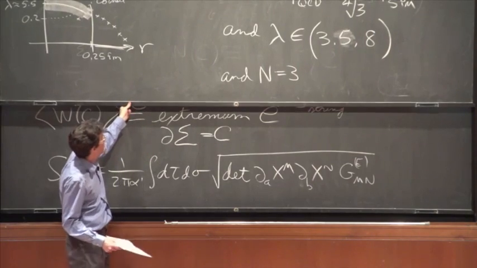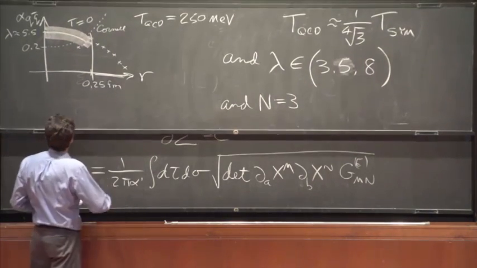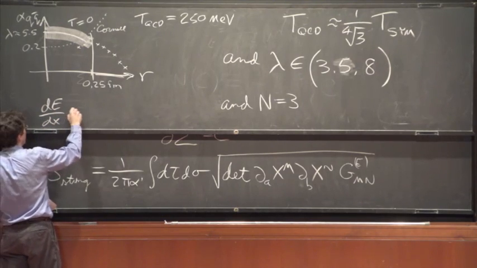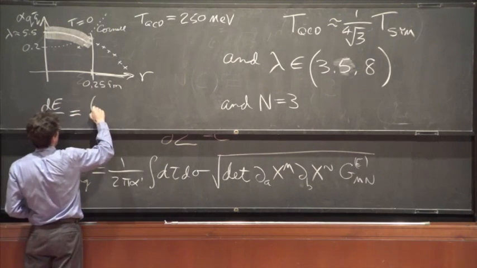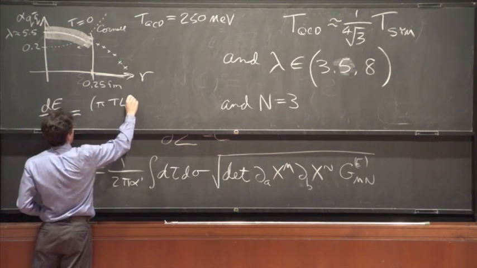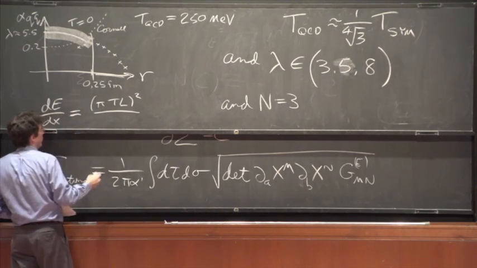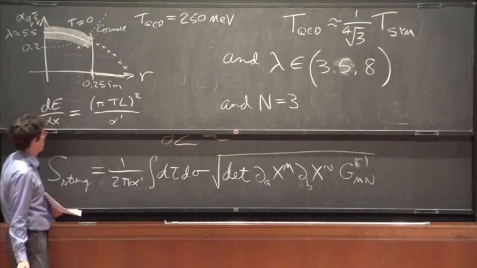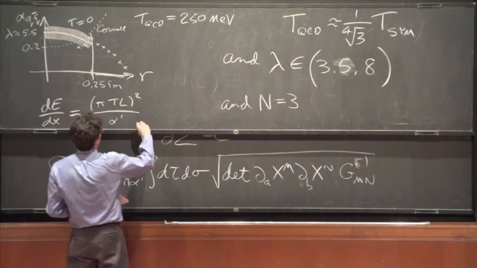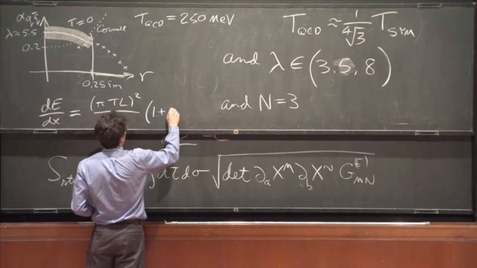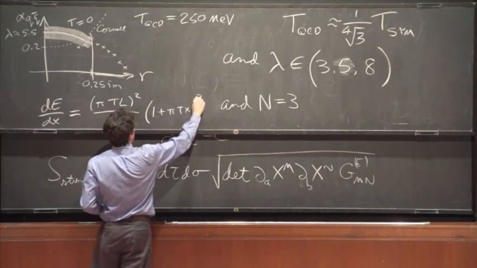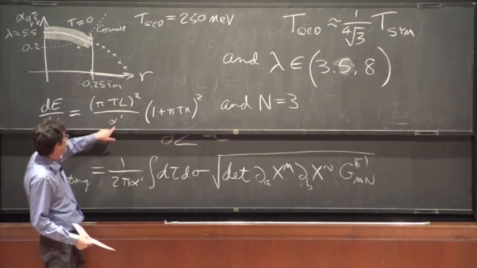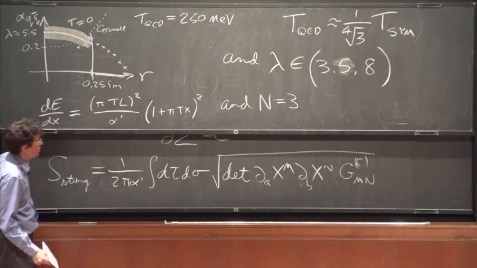And you can see why I wanted to do this. If you remember my formula, I have dE/dx equals, what was it now, pi T L squared divided by some alpha prime, I forget there were some other factors here, times 1 plus pi T x squared. Well, there's lots of T's, and there's certainly factors of the 't Hooft coupling in this formula.